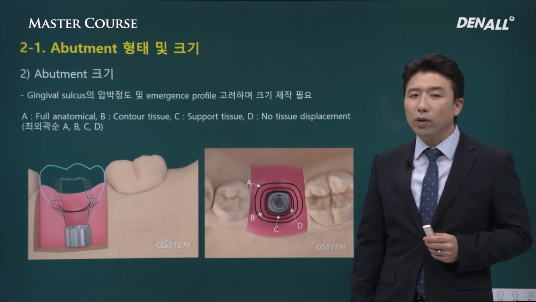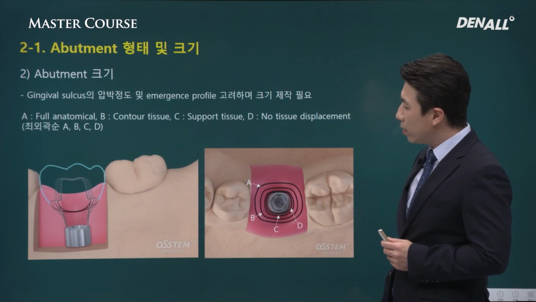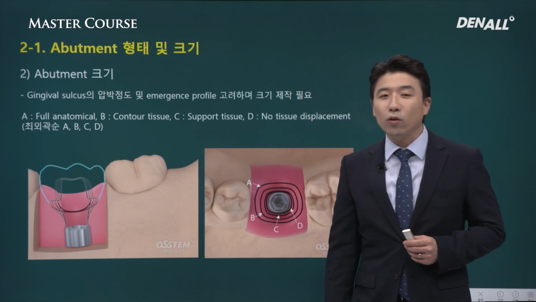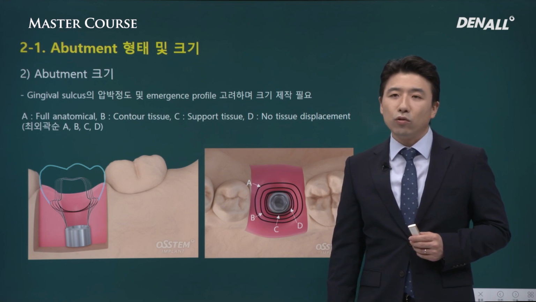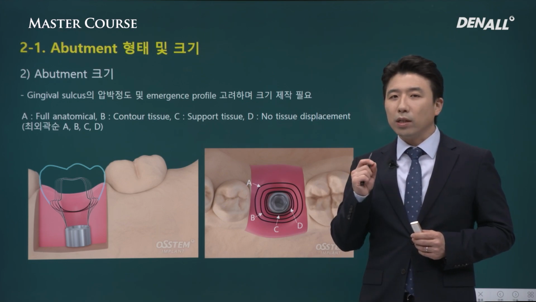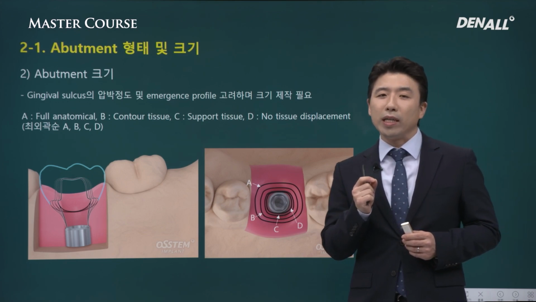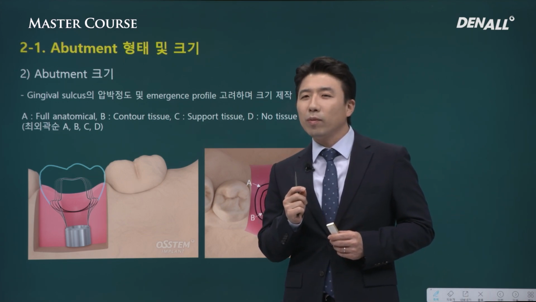In the posterior area, various results can be achieved because in the posterior area, crown profile, some people think that it does not necessarily have to be similar to natural teeth. People have different opinions on this.